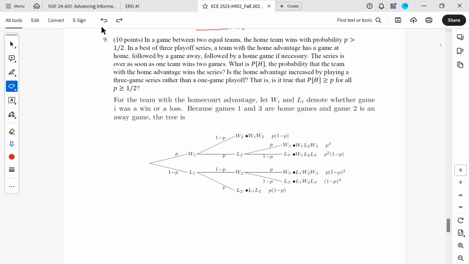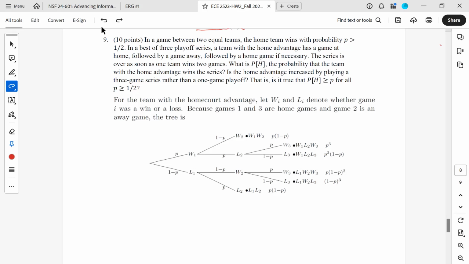In the best of 3 playoff series, a team with the home advantage has a game at home, followed by a game away, followed by a game at home if necessary. The series is over as soon as one team wins twice. Okay? Now, what is the probability of H, which we defined as the probability that the team with the home advantage wins the series?